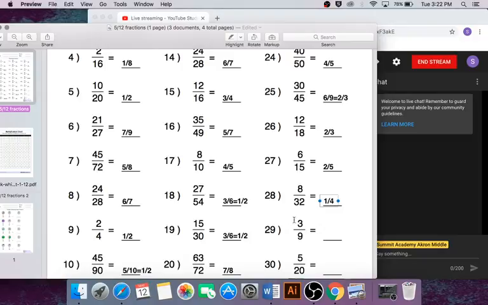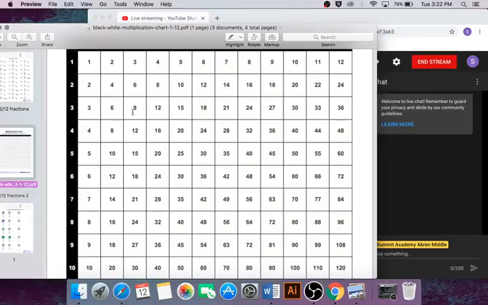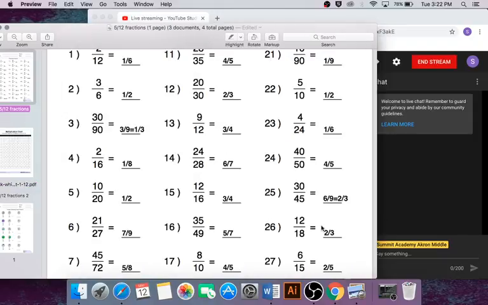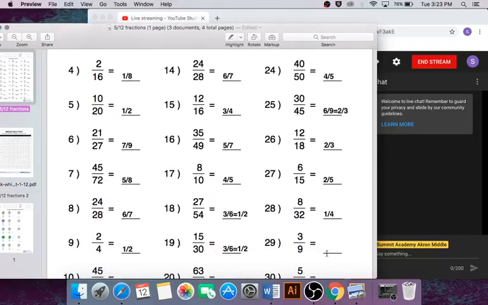Because 3 times 1 is 3, we're going to look at the 3 times table first. 3 times 1 is 3, and 3 times 3 is 9. So 3 over 9 can simplify to 1 over 3.